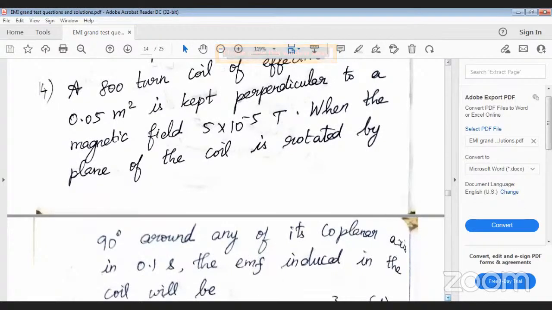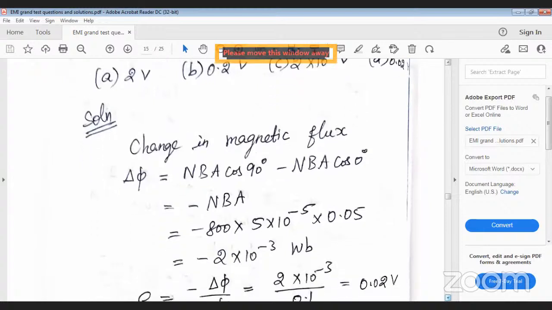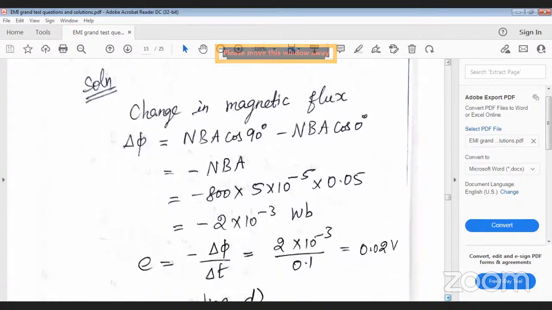Okay. So plane 800 turn coil is kept perpendicular to a magnetic field means the angle between the area vector and the magnetic field is 0 degree. Okay, initially. And now they are actually rotating it by 90 degree. Okay, in 0.1 seconds. What is the EMF induced in the coil? So change in magnetic flux by time will give you the EMF.